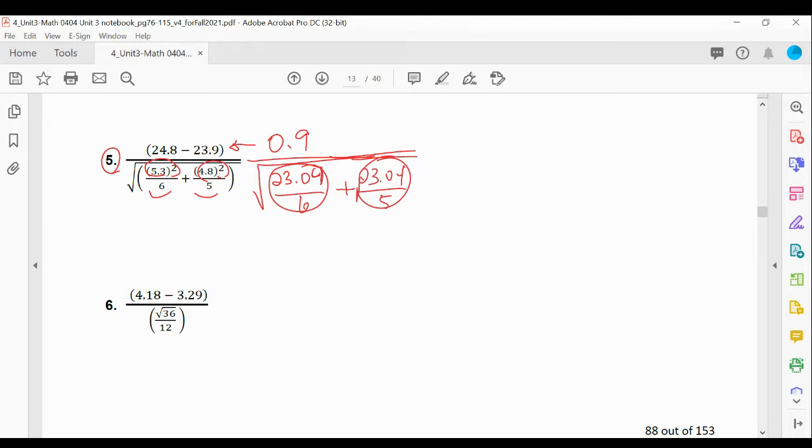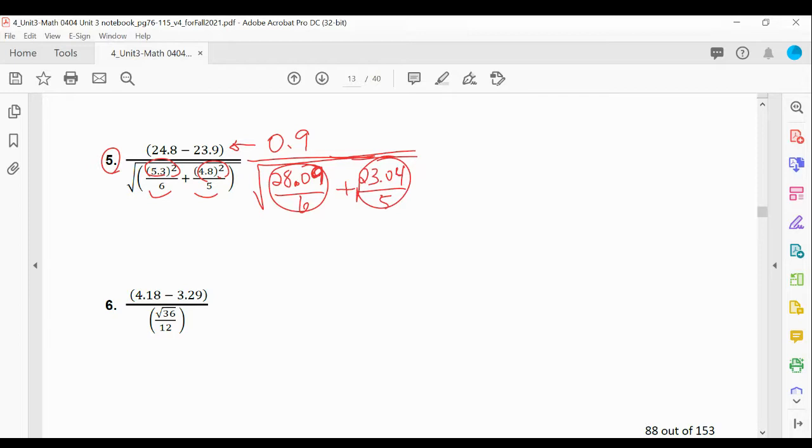So let's do, oops, I'm sorry, 5.3 is, I'm glad I'm doing these mistakes here. I love these mistakes. 28.09 divided by 6, that's what 5.3 squared is. 4.8 squared is 23.04. That one is correct, and we're dividing that by 5.